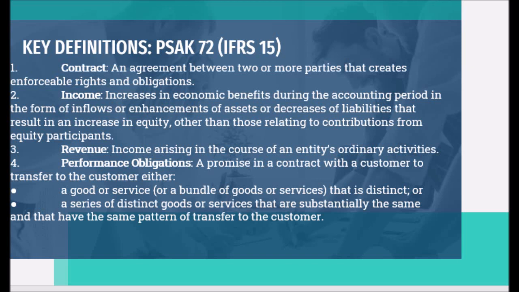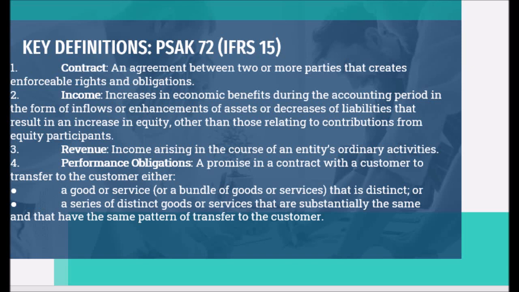First is contract. Contract is an agreement between two or more parties that creates enforceable rights and obligations. The second is income. Income is increase in economic benefit during the accounting period in the form of inflow or enhancements of assets or decrease of liabilities that result in increase in equity, other than those relating to contribution from equity participants.